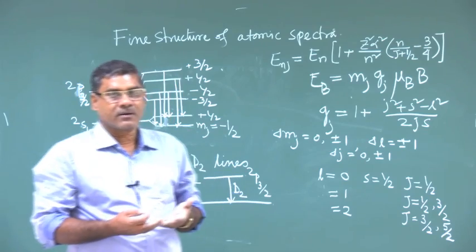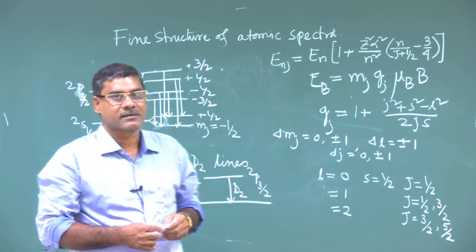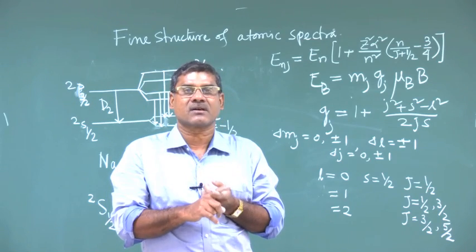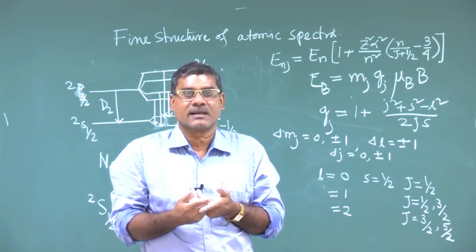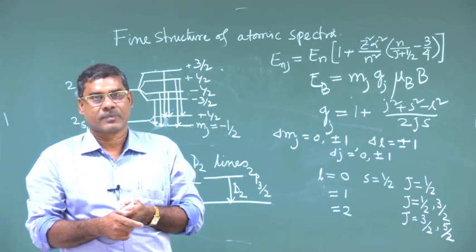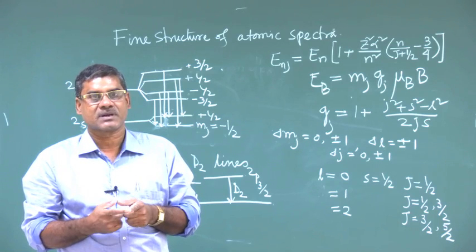Normal Zeeman effect also is explained. There we have seen that we do not need to consider spin, okay, only considering L and ML. So, that was sufficient to explain.